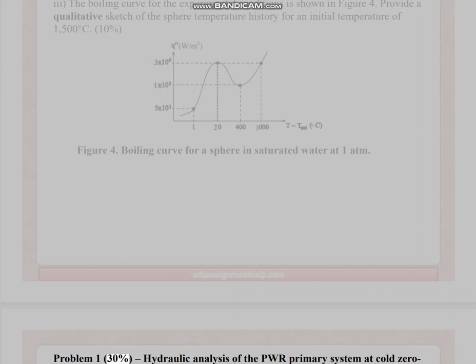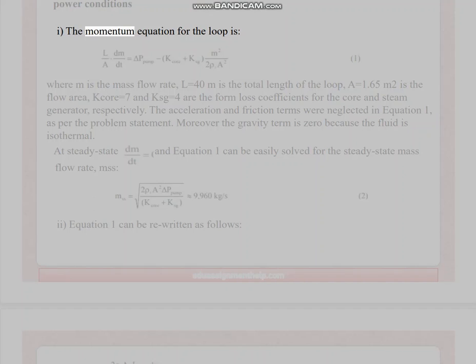Problem 1, 30%, hydraulic analysis of the PWR primary system at cold zero power conditions. 1. The momentum equation for the loop is, where m is the mass flow rate, L equals 40 m is the total length of the loop, A equals 1.65 m² is the flow area, K_core equals 7 and K_SG equals 4 are the form loss coefficients for the core and steam generator, respectively.